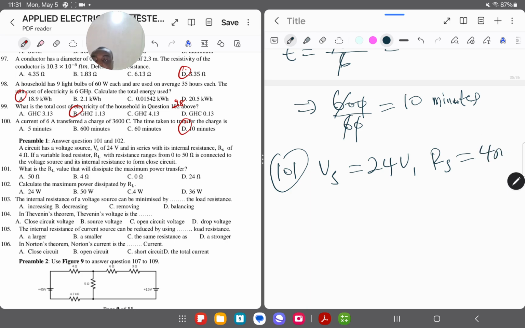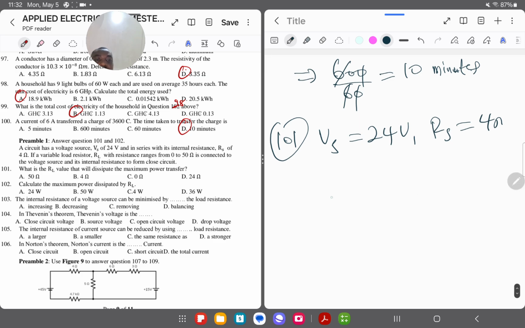If a variable load RL with resistance ranging from 0 to 50 ohms is connected to the voltage source and its internal resistance to form a closed circuit, right? So what that means is that now I have my voltage source, which is Vs, then I have Rs.